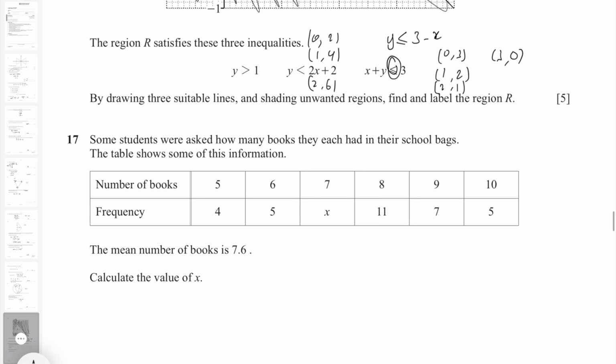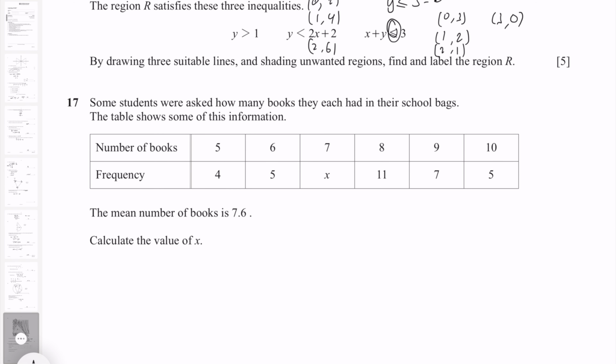Some students were asked how many books they each had in their school bags. Number of books. The mean number, okay, so mean is adding everything. So mean equals, there's 20 here, right? So number of books 5 and 4 times, so that's 20.